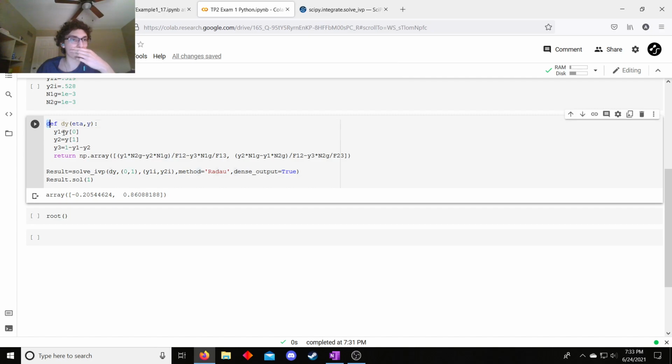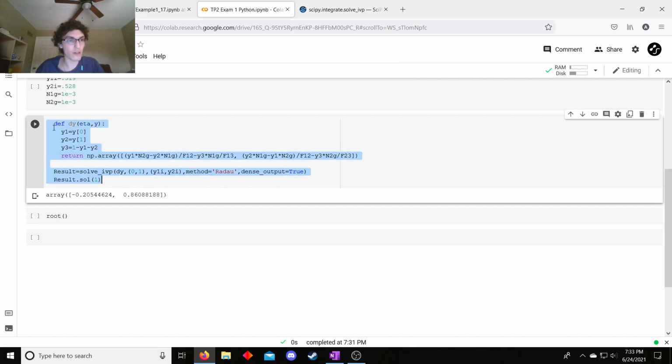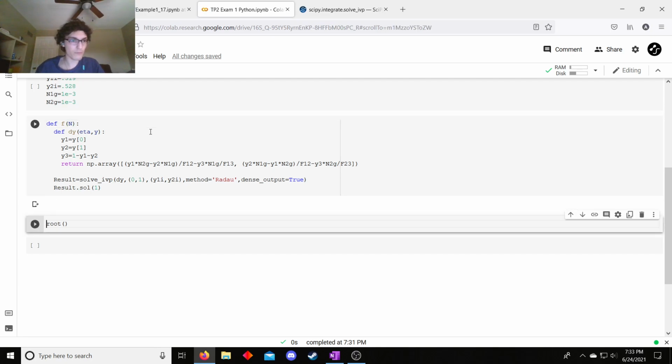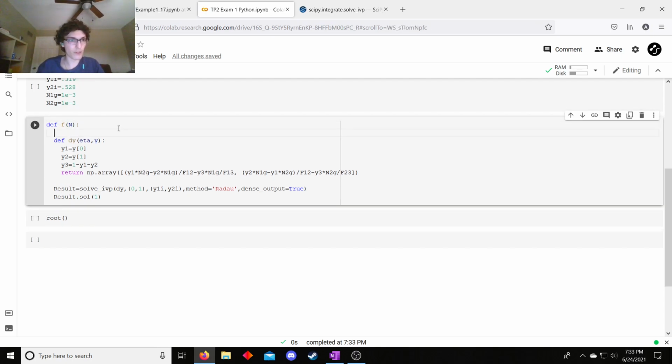So what we need to do, actually, is set up something up here. We need to find a new function. Function of n. Oops. Did not need to run that. And this n is going to be our variables for the actual molar fluxes, not our guess. So this is what our root function is going to be trying to optimize in order to make the differential equation equal 0 at delta.